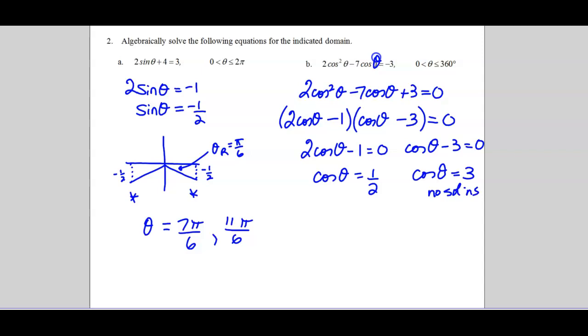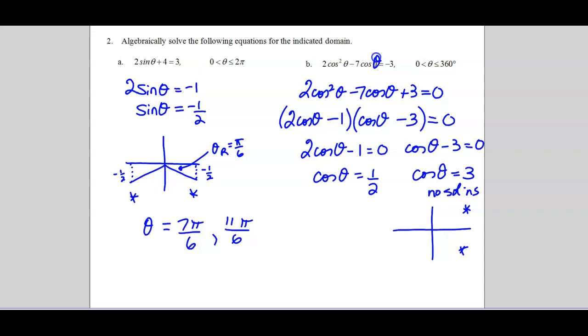Okay? Cos theta equals a half. There are solutions. So cos is positive in the first and fourth. We're dealing with degrees in this one. So look at what the domain is. It's degrees. Okay, folks, quiet please. So positive 1/2, first and fourth.